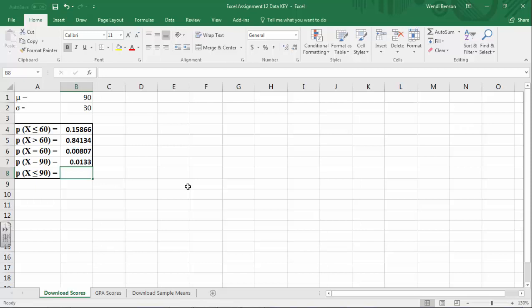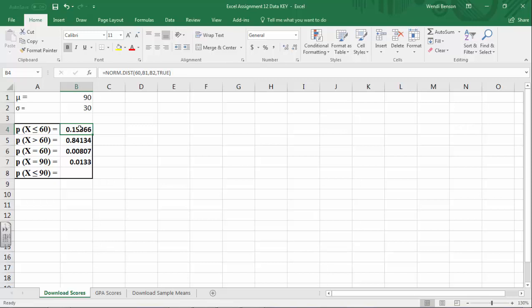So let's think about these numbers for just a minute. Getting a mean download speed longer than 60 seconds, right here, is more likely than getting a mean download speed of 60 seconds or less. If you think about the mean and the standard deviation, most downloads are within 30 seconds of 90 seconds, or between 60 and 120 seconds.